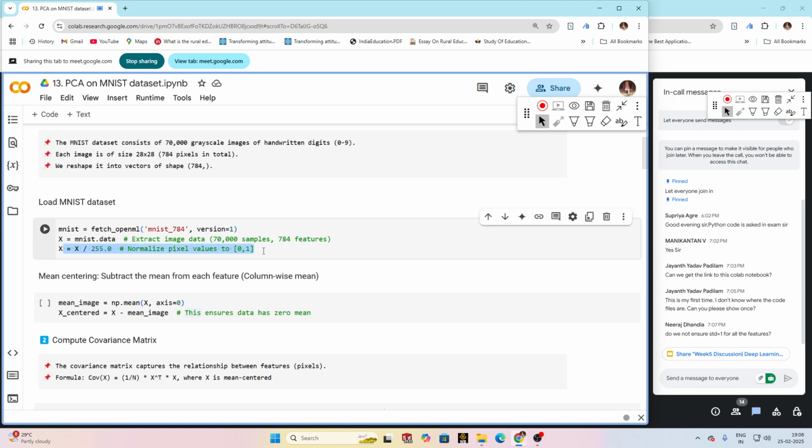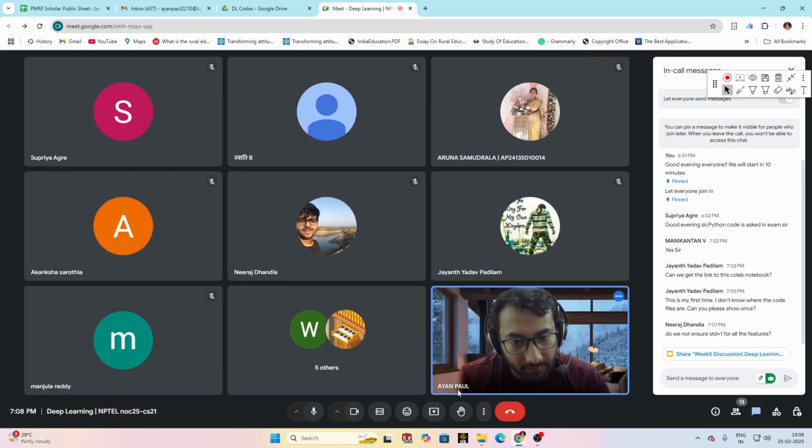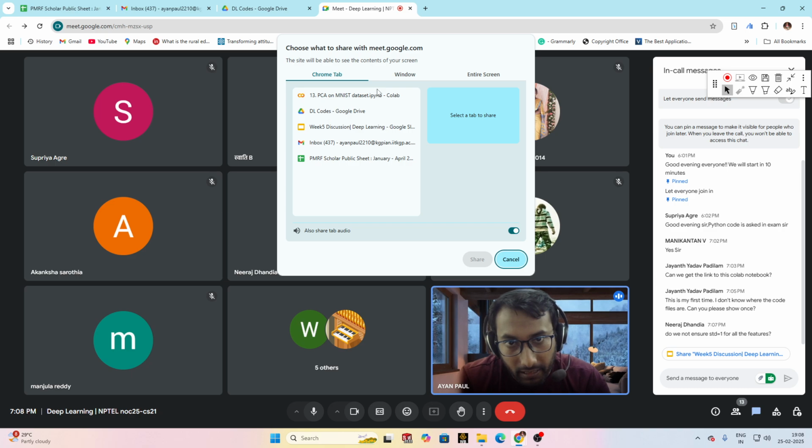We normalized the pixel values, so our range will be between 0 and 1, so we don't need to think about the standard deviation. Clear, right? I think some people are new to this class, so let me show you again. Let me share my entire screen.